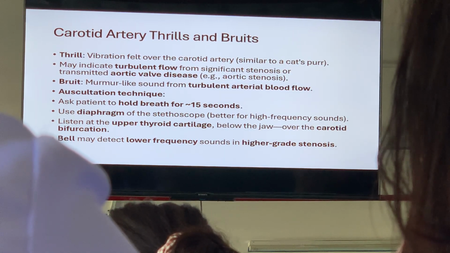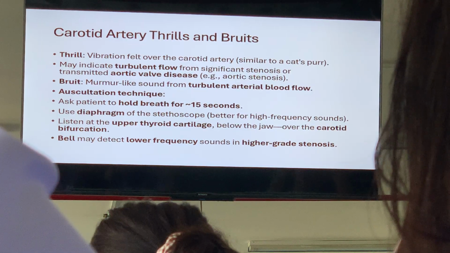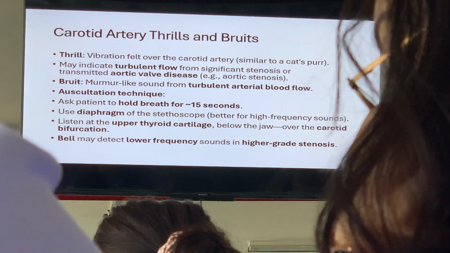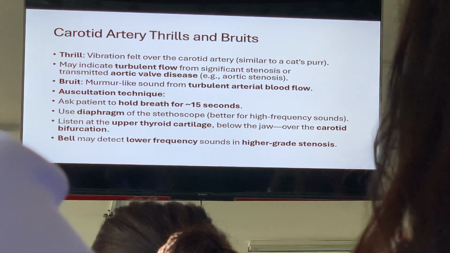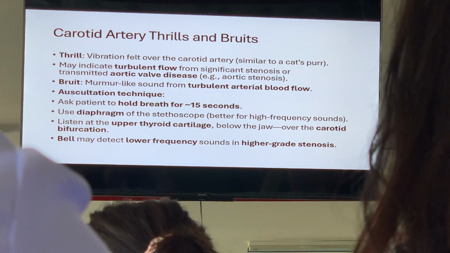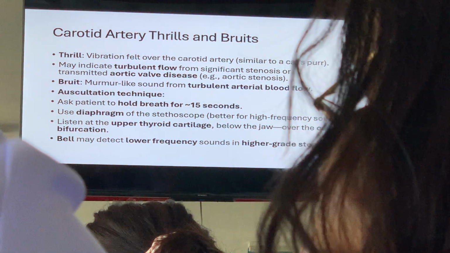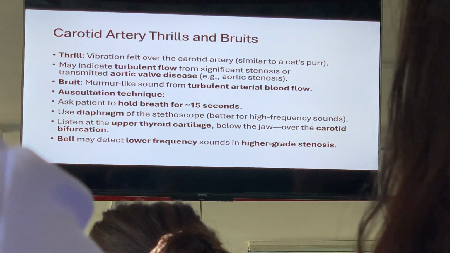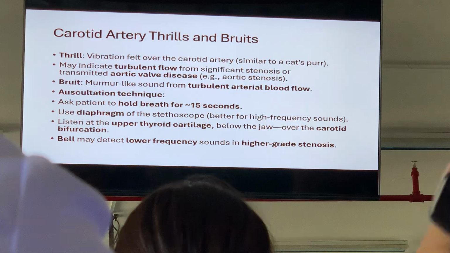Now, carotid artery thrills and bruits. A thrill is a vibration felt over the carotid artery, similar to a cat's purr. It may indicate a turbulent flow from a significant stenosis or transmitted from aortic valve stenosis. When I think of this, think of a lumen, let's say a tube or a hose, that is blocked, there's plaque there.